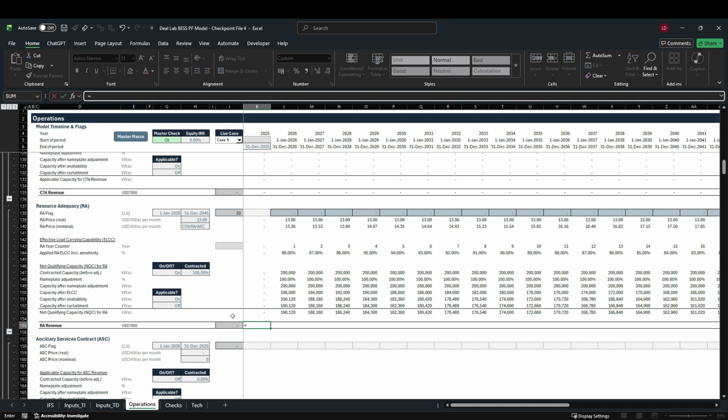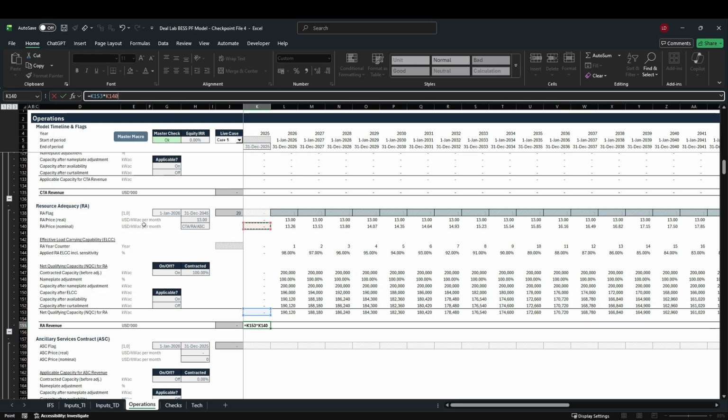So this is a very similar formula to our CTA revenue. What we use as basis is our net qualifying capacity for our resource adequacy revenue stream. So pick up row 153, and then we'll multiply this with our resource adequacy price on a nominal basis, so after inflation.